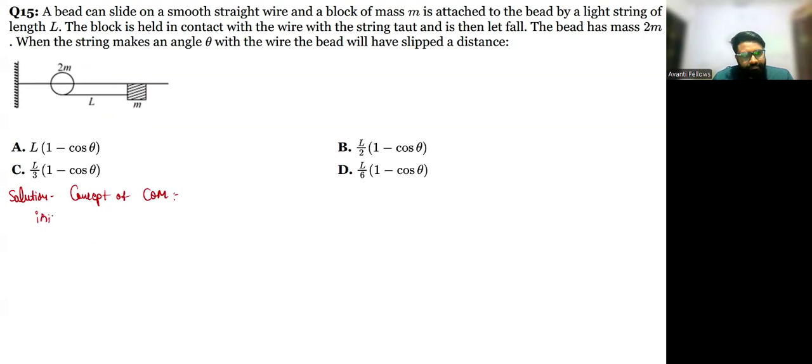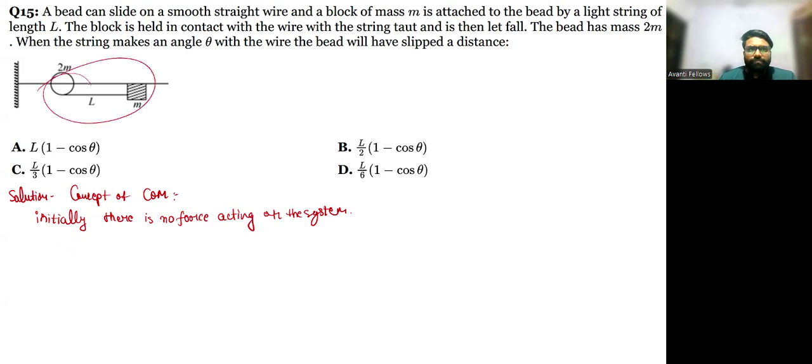Initially there is no force acting on the system externally. So whatever position of the center of mass we have initially, the same will remain after the process, because there is no external force on the system. External force on the system is zero.